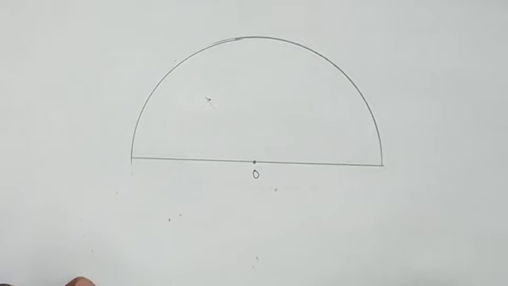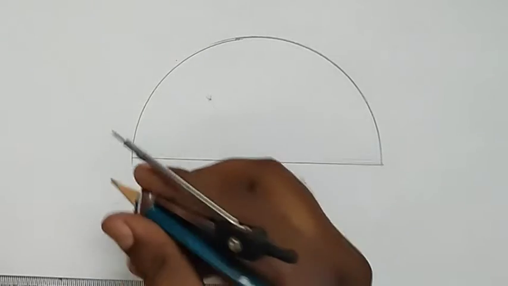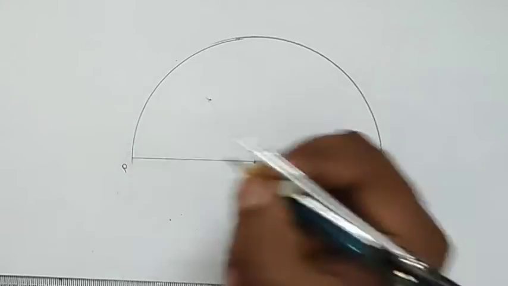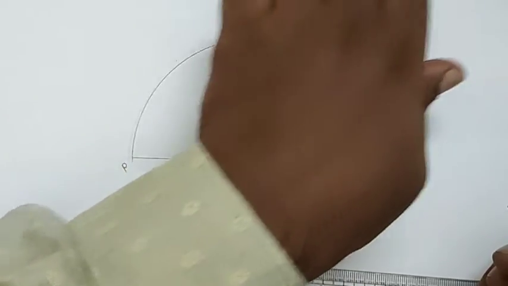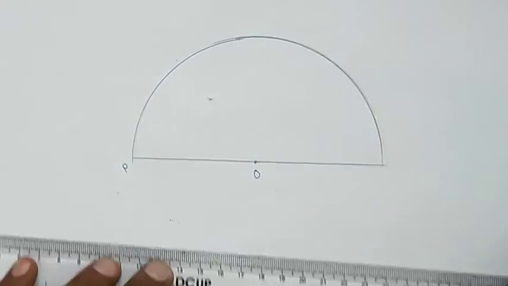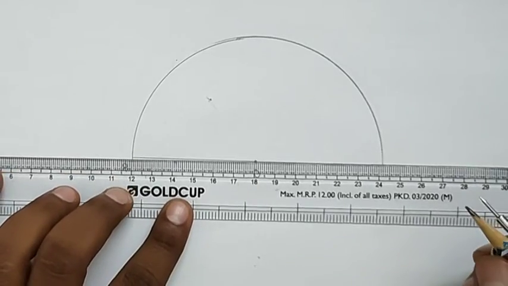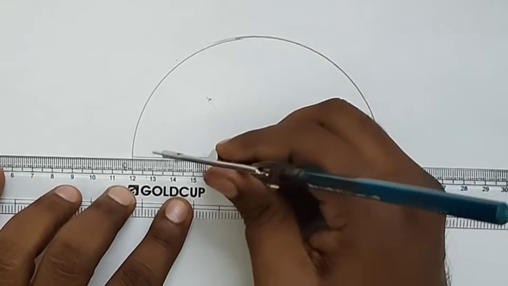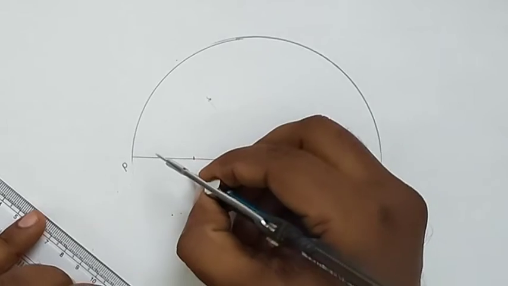After drawing the directing circle with the 60 mm radius, I am taking this as the point P. From point P, with the radius of the generating circle, 30 mm, take 30 mm distance and locate point C here.